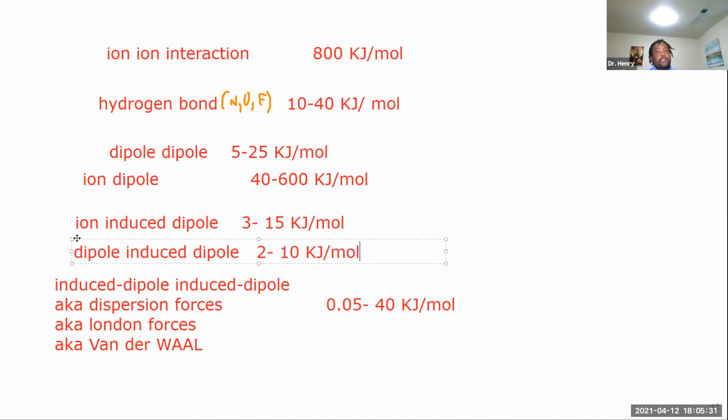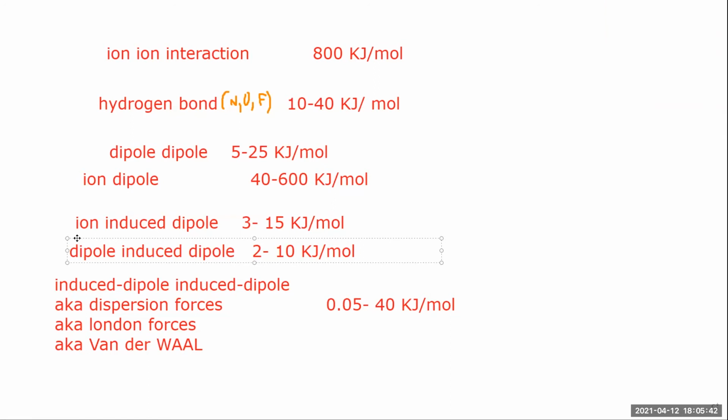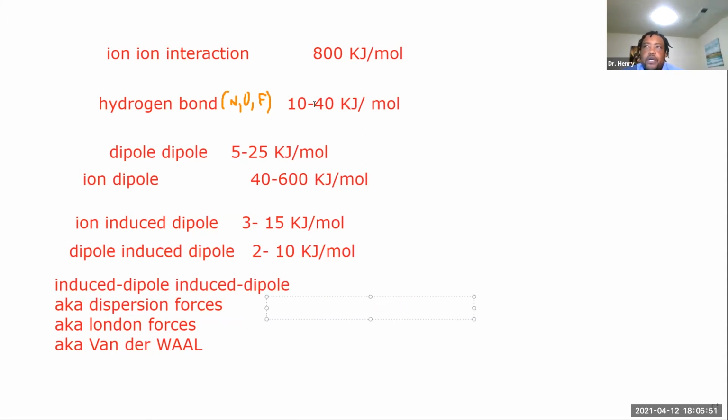Which ones are going to be weaker forces? The induced dipole or dispersion forces. So these guys are going to be weakest. It's really easy because this represents the energy it takes to dissociate, right? This guy takes very little energy to dissociate, so that's going to be the weakest. Then it's going to be our dipole induced dipole.